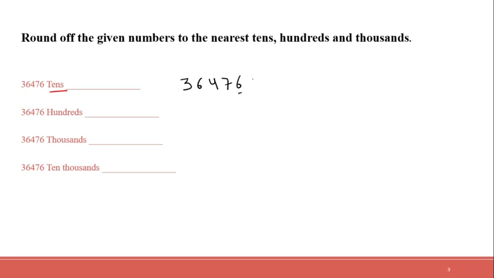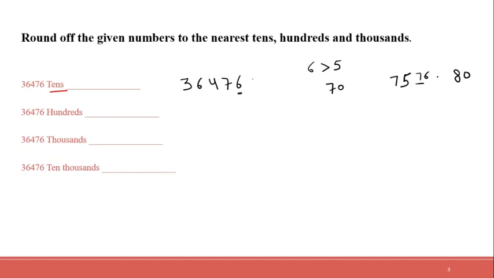We'll check the digit at the ones place, right? It is 6, which is more than 5. Here it is 75, it is 70 written here, and then it is 80, right? So 76 is somewhere here.